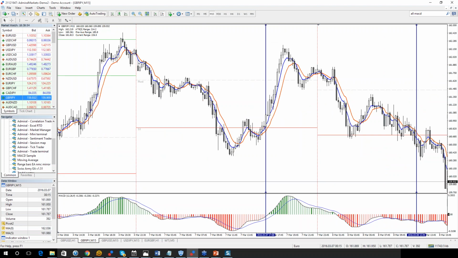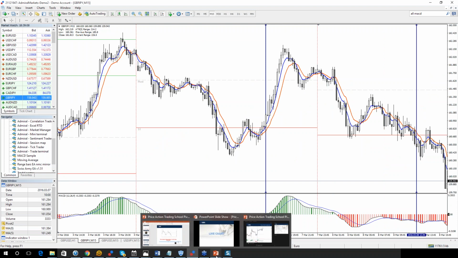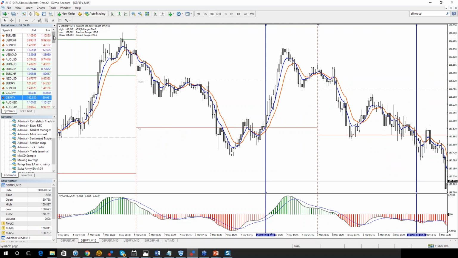Okay, here also. Look at this. Breakout to the downside. So just follow this and practice it, because this will be your homework. As I say, focus on dollar crosses for London and New York, and yen crosses for Asian session.